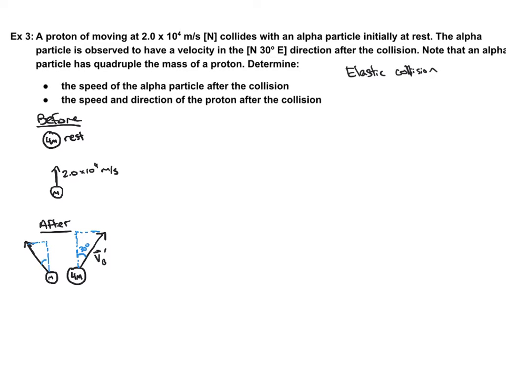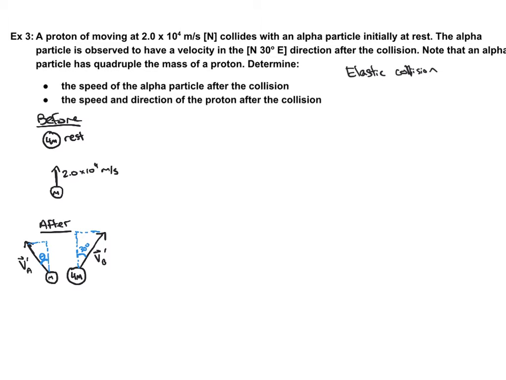Okay, so this angle is unknown, so I'm going to call that theta, and I'm going to label the diagonal arrow here VA prime for the velocity of the proton.